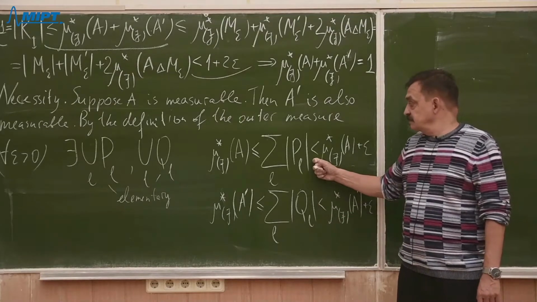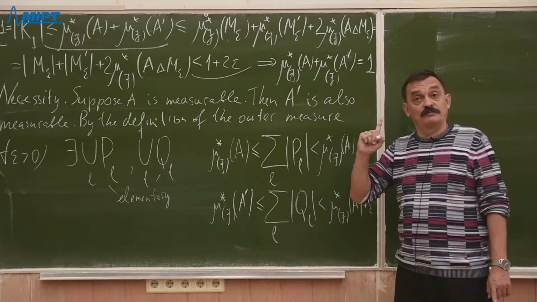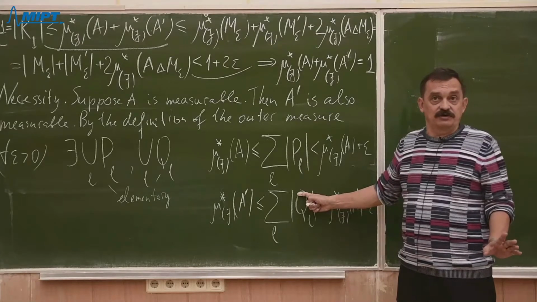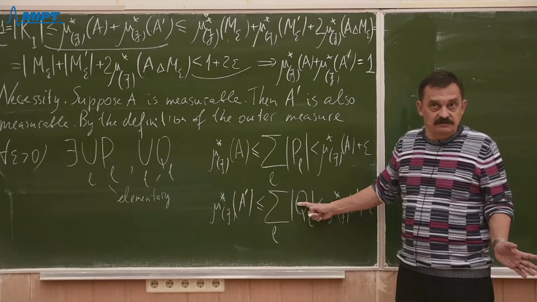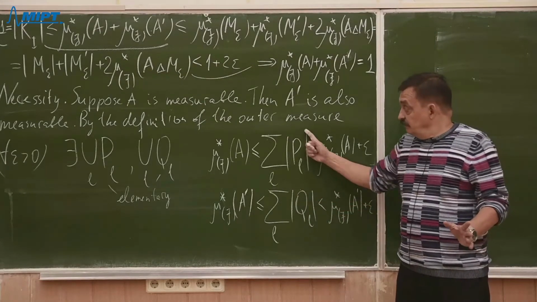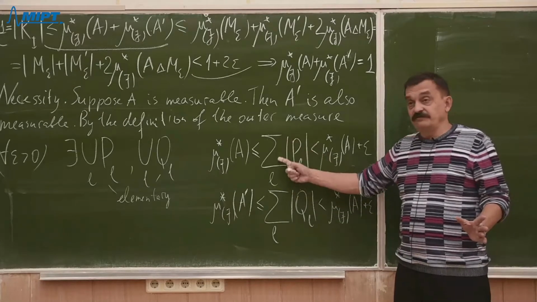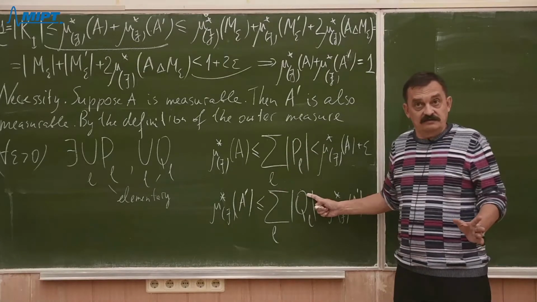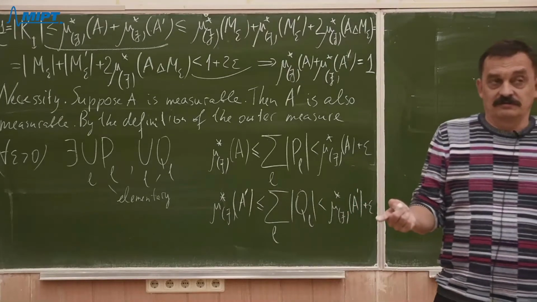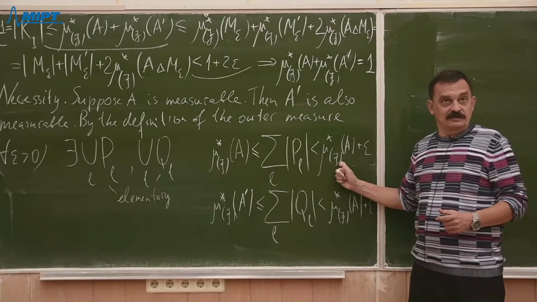For Jordan, such a problem doesn't appear because we have finitely many terms in the sum. Which problem may appear for Lebesgue? We have infinitely many terms, a series, and a series may be divergent.